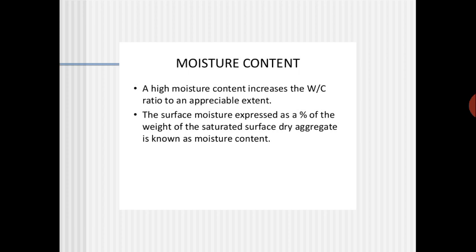So that will give you how much moisture content exists in the aggregates under normal conditions. What we have discussed previously is under bulk conditions, meaning by inserting into the water and finding out how much it is absorbing.